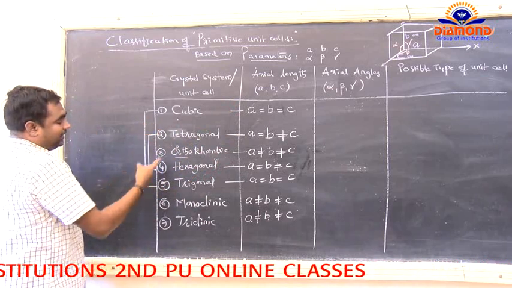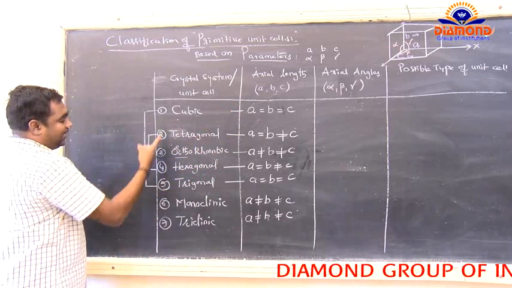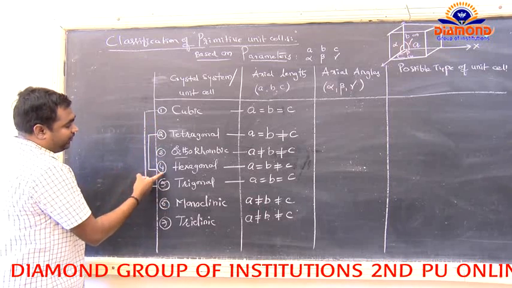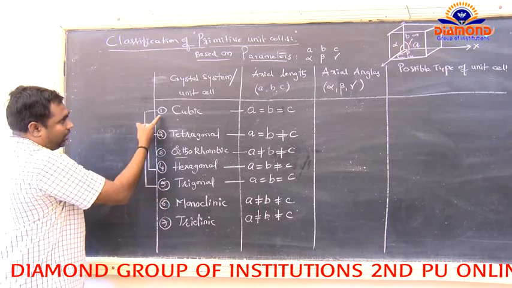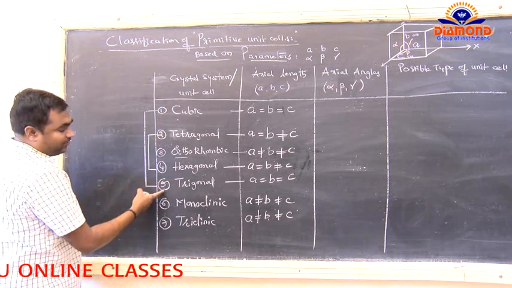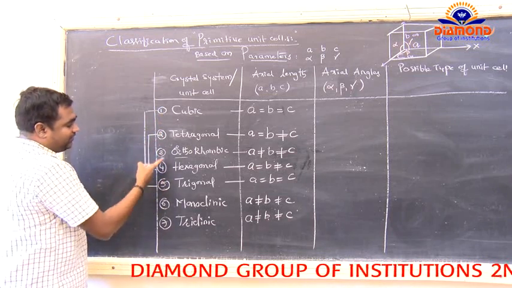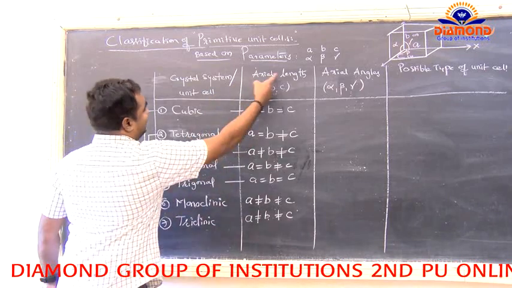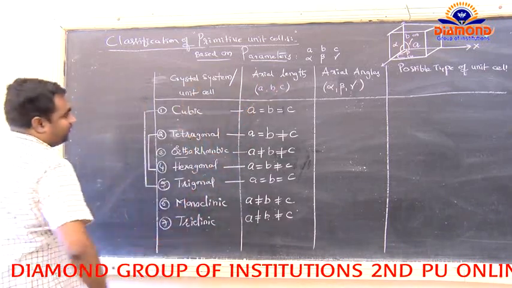If you observe, 1 and 5 belong to the odd numbers, and 2 and 4 belong to the even numbers. So odd is the same for odd, even is the same for even, for the total axial lengths of the 7 types of unit cells.